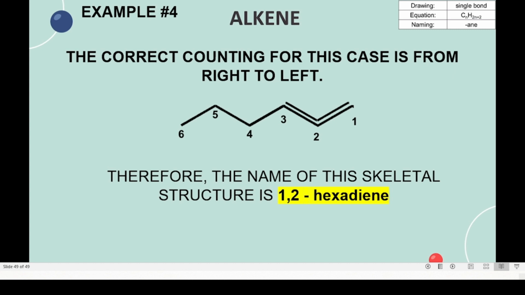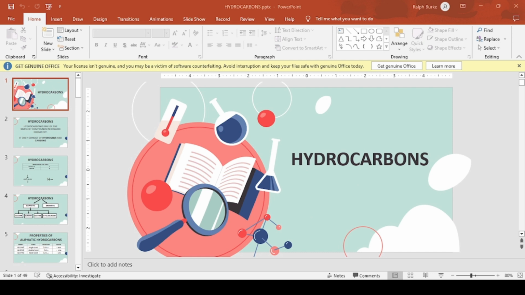But if the skeletal structure or full structure is given, what you need to do to get the name is to identify which side is nearest to the first double bond. So remember that. Okay. So I guess that's all my discussion, and I hope you gained some information.